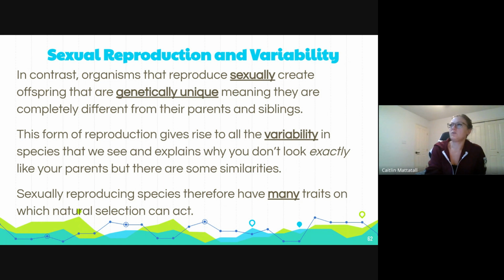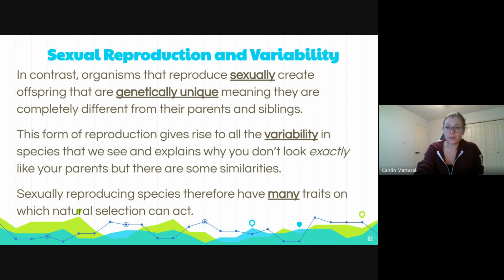Okay, so sexually reproducing organisms, when comparing them to asexually reproducing organisms, is much different. You are taking, again, DNA from two different individuals, and you are combining that DNA from those two individuals so that they can kind of mix and match and create a brand new genetically unique individual.